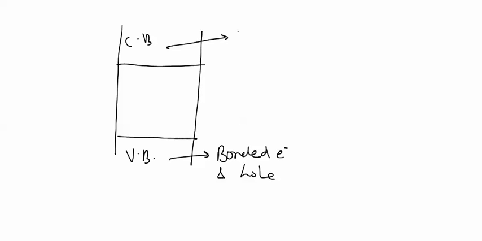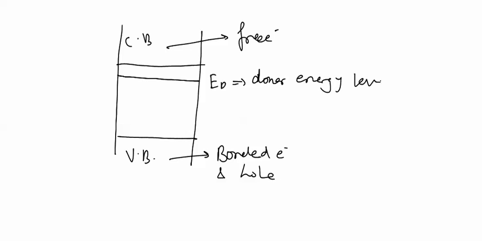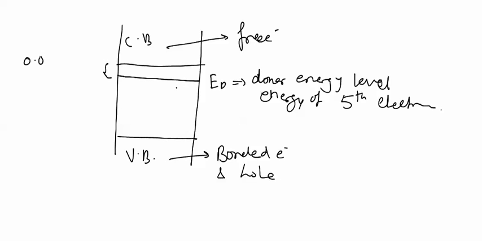The conduction band will represent the energy of free electrons, and there will be a discrete energy level called ED, called the donor energy level, which represents the energy of the fifth electrons present in the material. The energy difference between the conduction band and the donor energy level is around 0.01 electron volt for germanium, and around 0.05 electron volt for silicon.